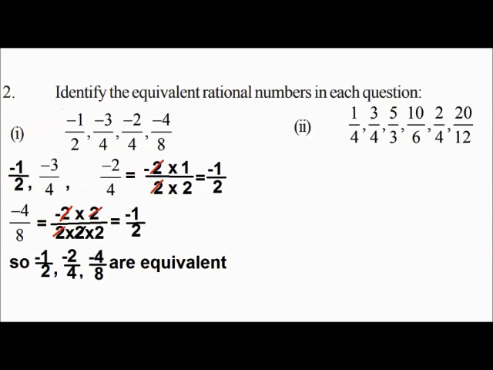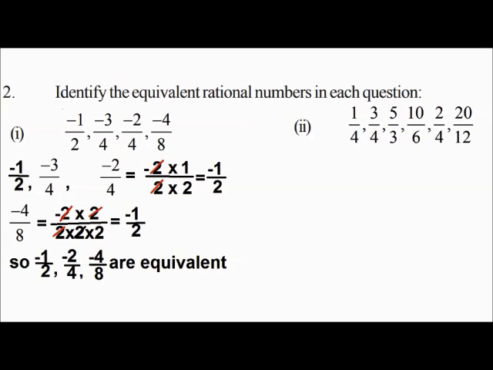Here in this problem, identify the equivalent rational numbers. There are minus 1 by 2, minus 3 by 4, minus 2 by 4, minus 4 by 8. Now minus 2 by 4 can be written as minus 2 into 1 by 2 into 2. Here 2 and 2 are factors of 4, so 2 and 2 get cancelled, and that is equal to minus 1 by 2.